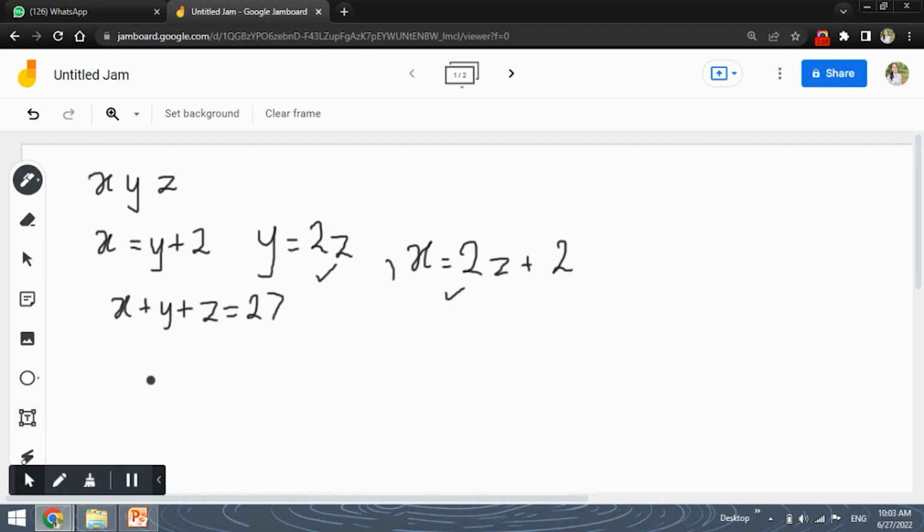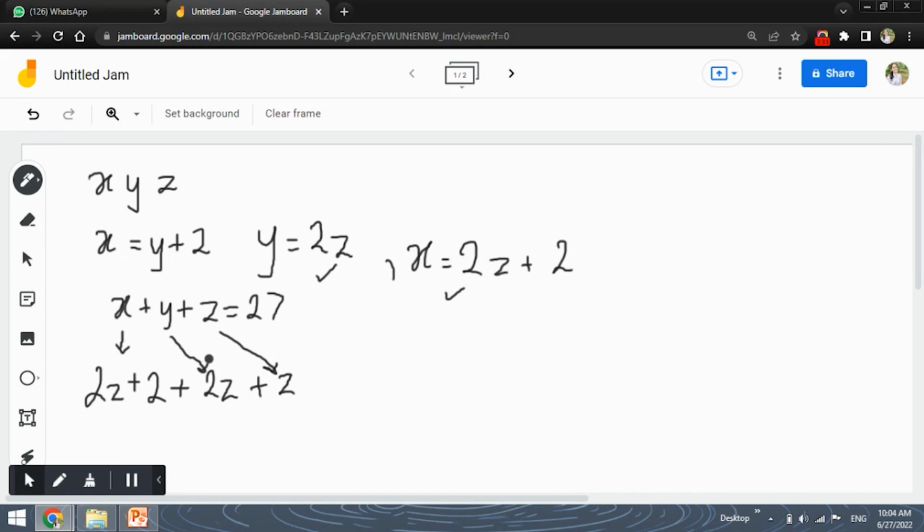In place of x, you will substitute 2z plus 2. Similarly, in place of y, you will simply substitute 2z.